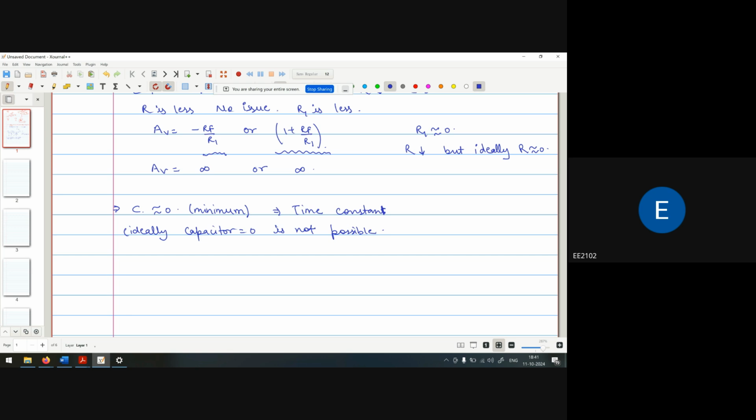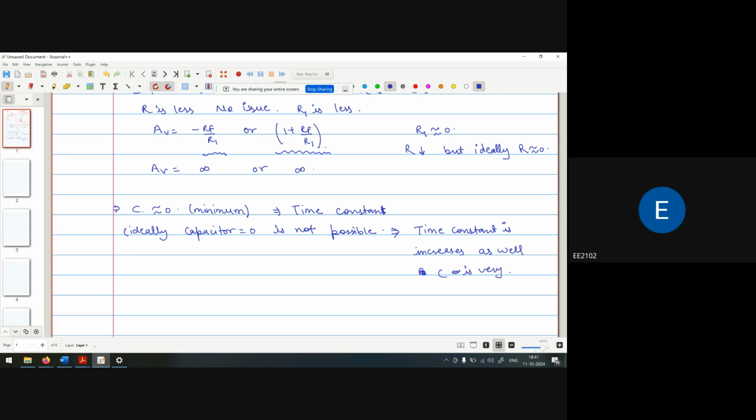So we have to set the capacitor in a particular condition so that the time constant increases as well. C is very less.